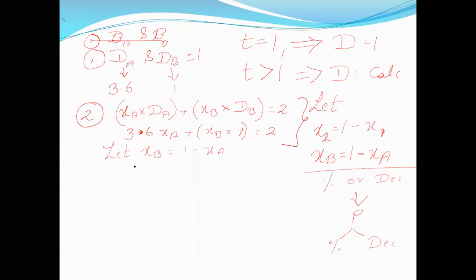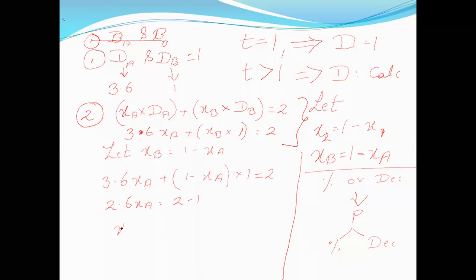If I write down this equation, my new equation turns out to be 3.6 xa plus (1 minus xa) into 1 is equal to 2. So this is how my equation is going to turn out. If I solve this equation, what do I get? I get 2.6 xa is equal to 2 minus 1, which goes to the other side.